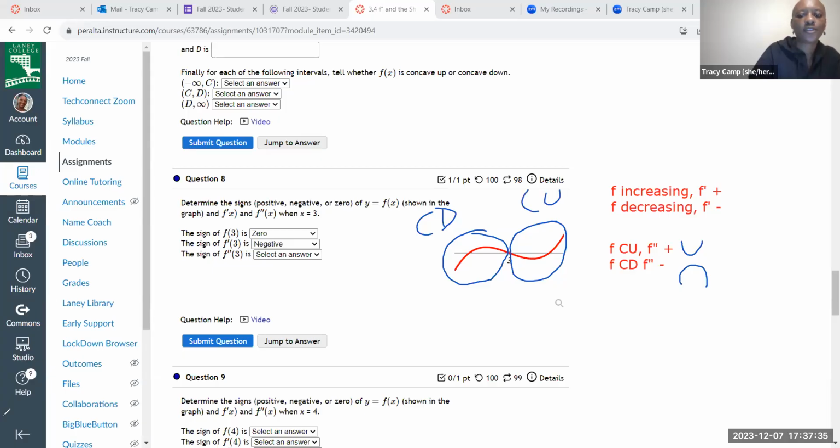And at the 3, it looks like it switches from concave down to concave up, which tells me that the 3 is actually an inflection point, a point where it switches concavity. And so, oops, I didn't mean to yell that, inflection point.